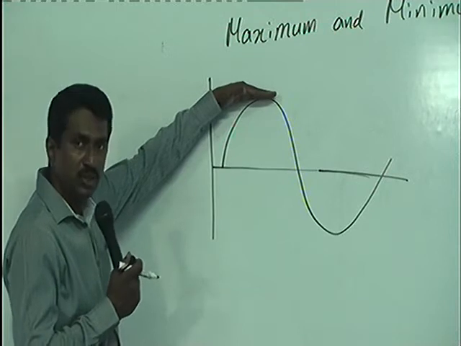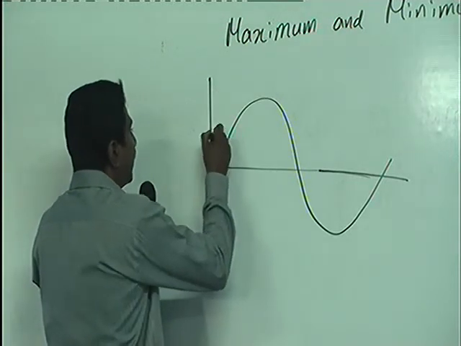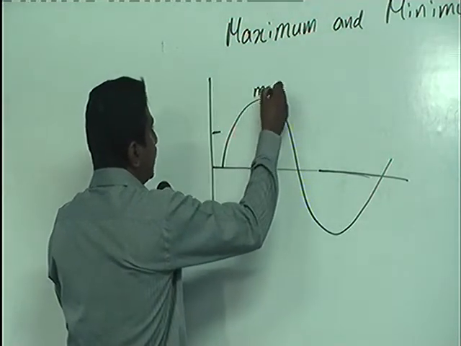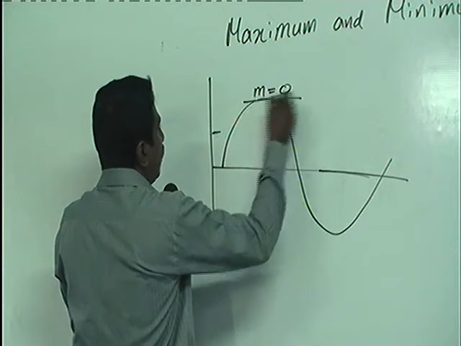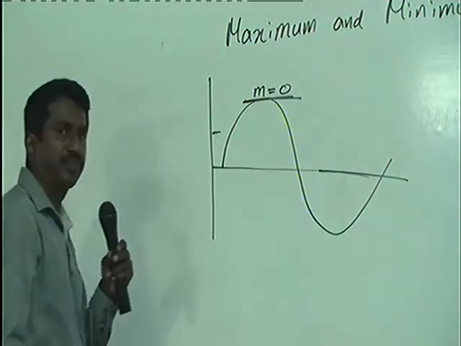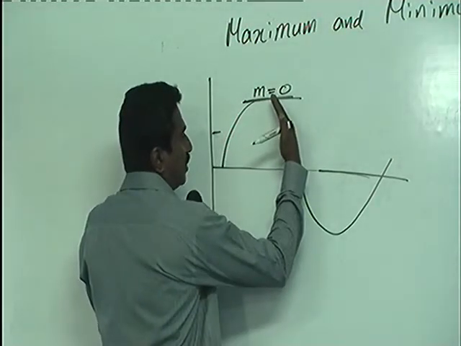Then here we have a negative gradient. At the maximum point, the gradient m is equal to 0.